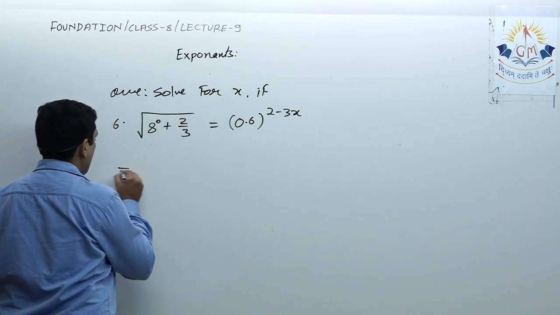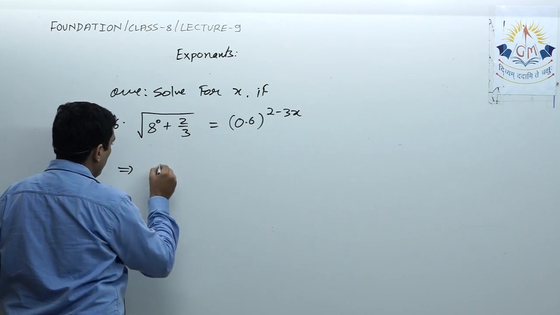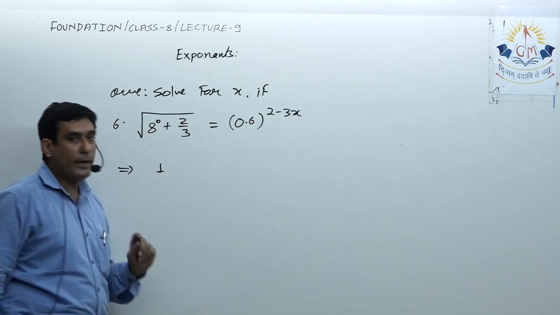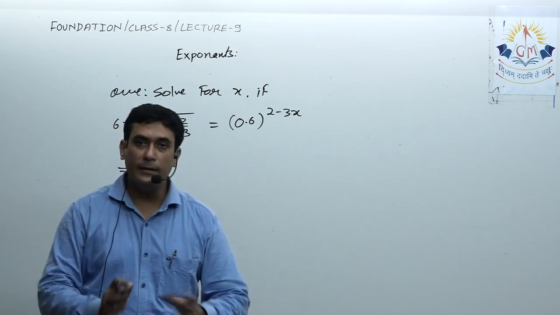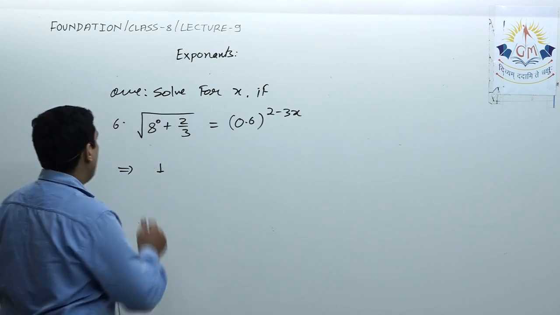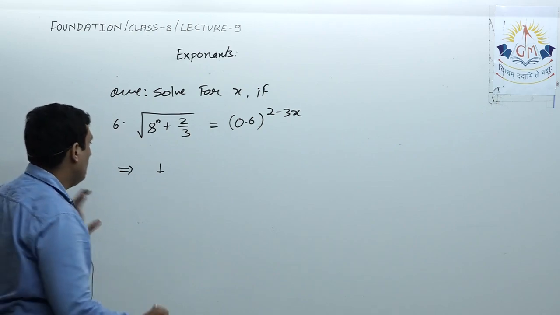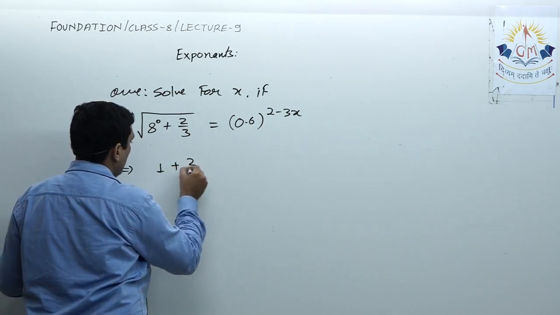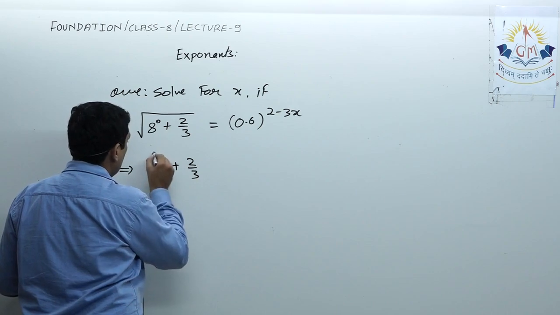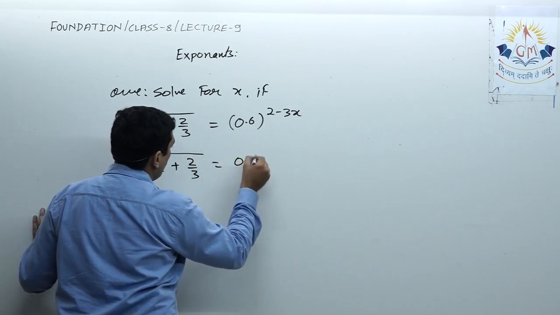powers. So here, first step, 8 raised to 0 is 1. As I told you, x raised to 0 equals 1. Anything raised to 0 is equal to 1. If I make this complete expression raised to 0, again it will be equal to 1. So the root of 1 plus 2 by 3 is equal to 0.6 raised to 2 - 3x.